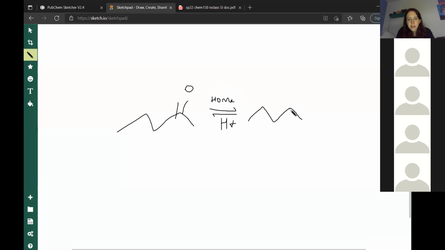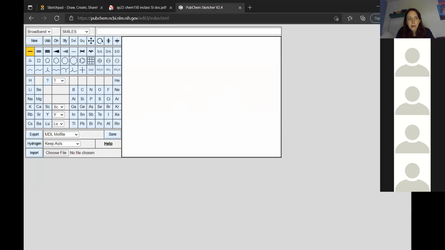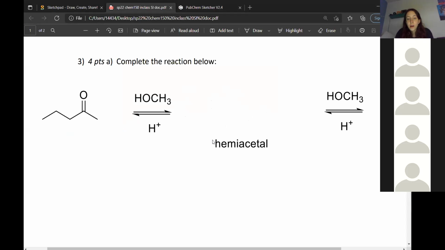So remember, when things are hemiacetals, this is when you're trying to protect that ketone or aldehyde and make it into something else so that it doesn't react. So when you're doing this, you're converting whatever ketone or aldehyde into a substituent that involves this new alcohol that's being introduced.